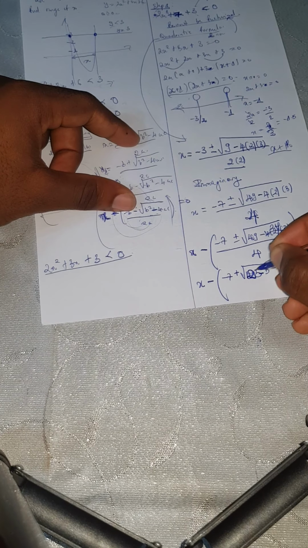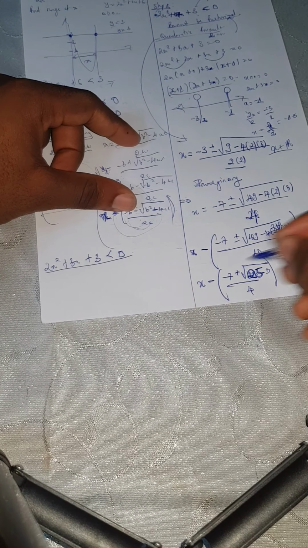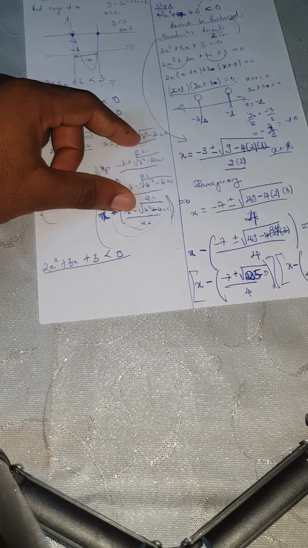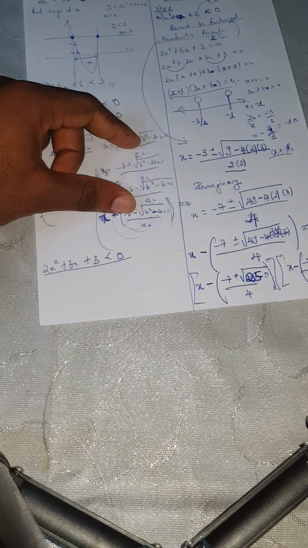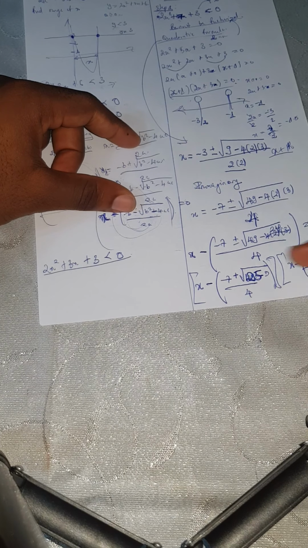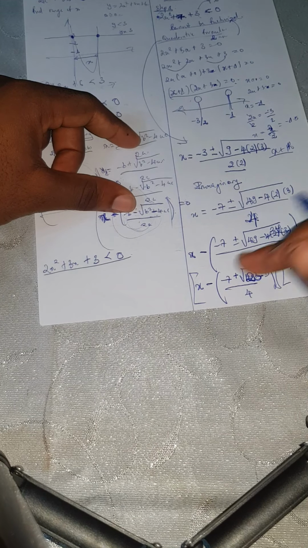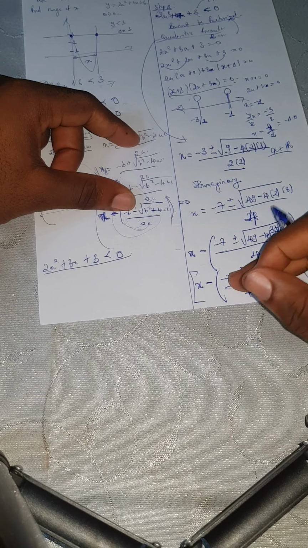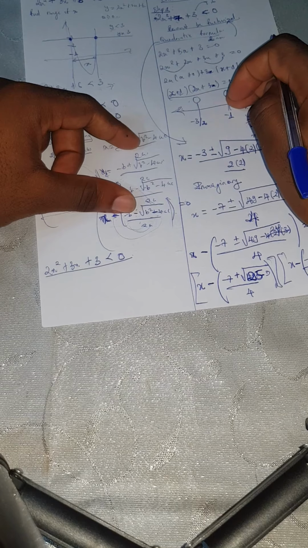So in this case, I have 25 here divided by 4, all times x minus negative 7 minus the square root of 25 all over 4. All that will be equal to 0. So I have factorized this inequation that was not capable of being factorized by using the quadratic formula. So when factorizing it, I can find the bounds as such.